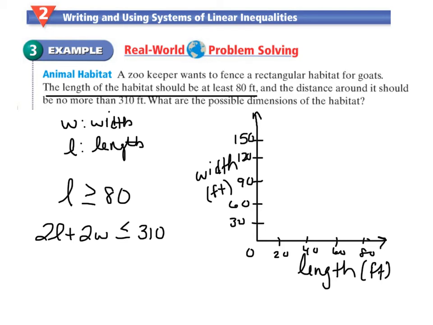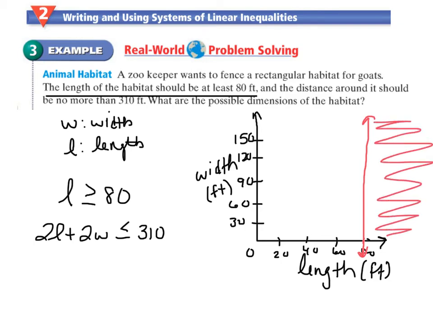So if I graph this, L is greater than or equal to 80. So that means solid line. Greater than would be that way. And my y-intercepts would both be 155. I just realized I'm out of room here.